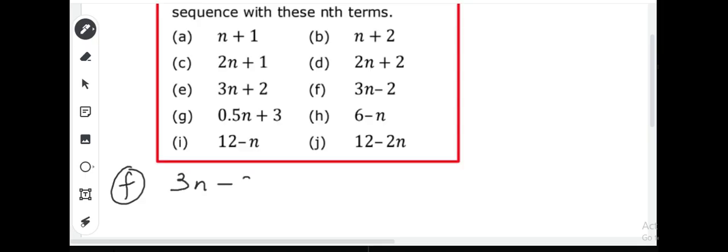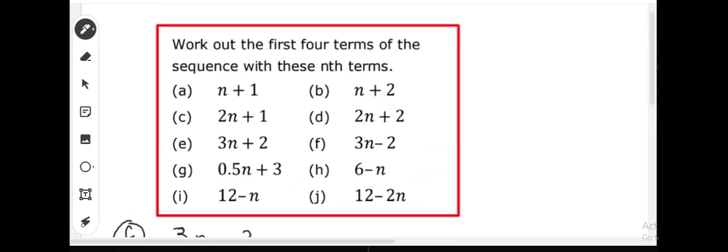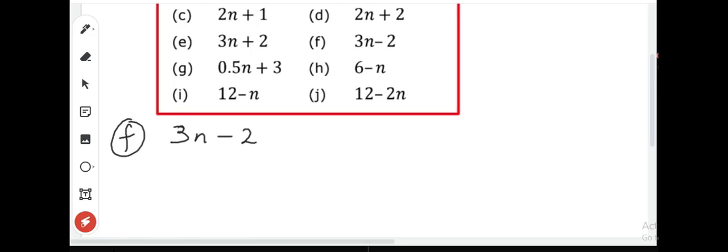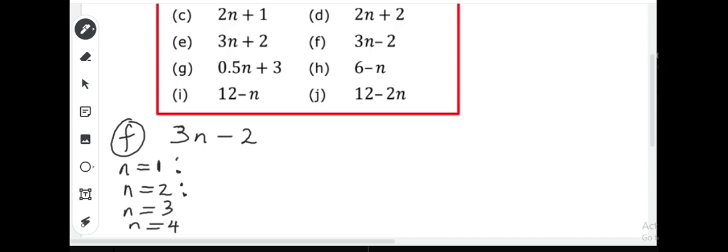What we just need to do is substitute for n so we get the first 4 terms. When n is equal to 1, get the answer, when n equal to 2, when n equal to 3, and when n equal to 4. That's all we need to do.